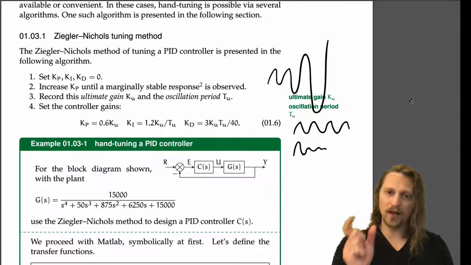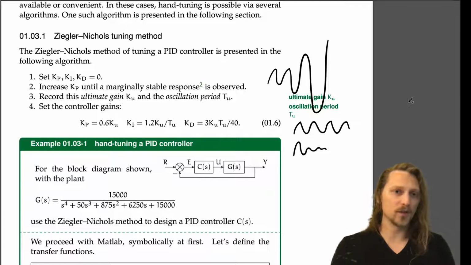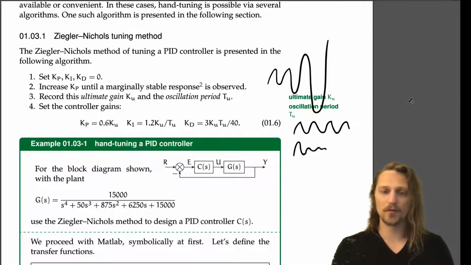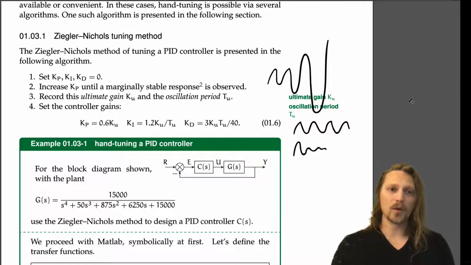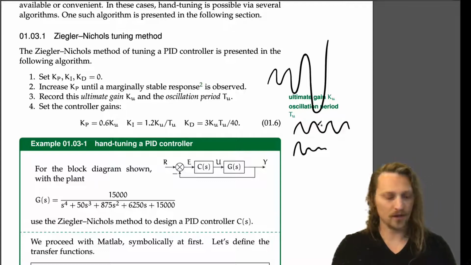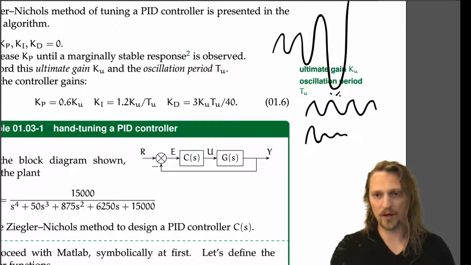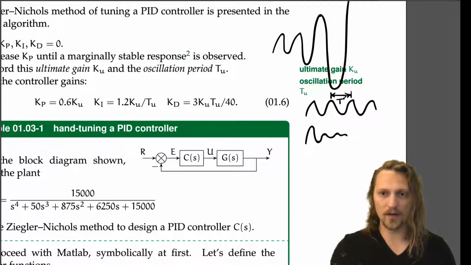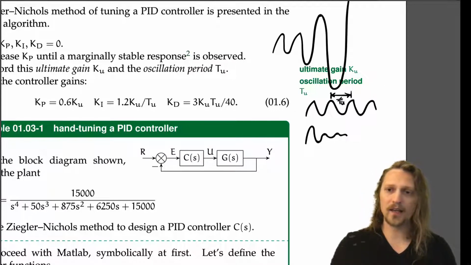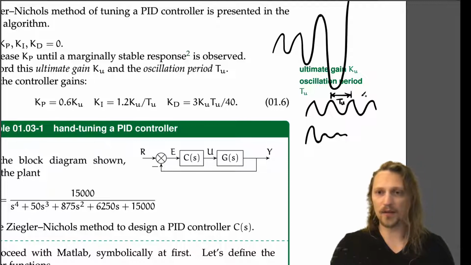We're going to try to find that nice marginal stability spot, the sweet spot in Kp. We record this ultimate gain Ku and oscillation period Tu. Once we've got that nice steady, marginally stable sinusoid, we measure the period and call that Tu, and the gain that we use to get that is called Ku, the ultimate gain.